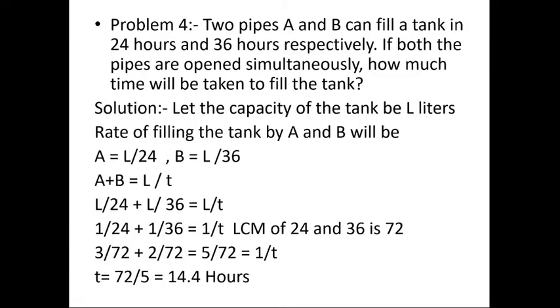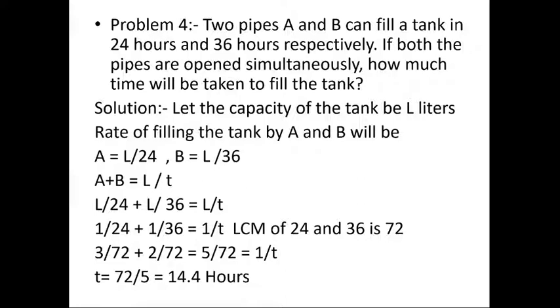Next problem. 2 pipes A and B can fill a tank in 24 hours and 36 hours respectively. If both the pipes are opened simultaneously, how much time will be taken to fill the tank? Now let the capacity of the tank be L liters. The rates of filling the tank by A and B will be L by 24 and L by 36.